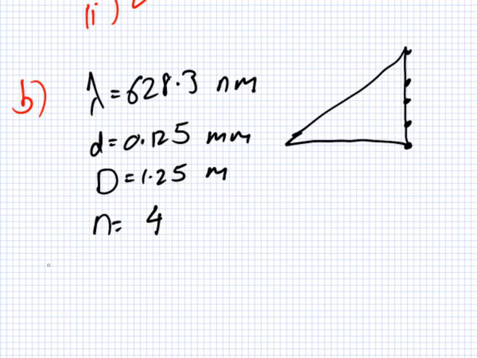The formula they use here: lambda times big D over small d is equal to s. Is that what I had originally, or a Tekken version?